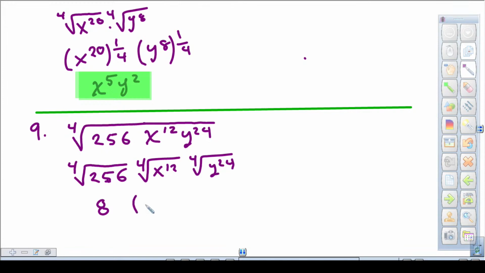And again, if you remember, this is x12 raised to what power? Somebody tell me. All of us should know this by now. What's going to be my power here? Think again. What is the root that we're trying to have here? What's the root here?